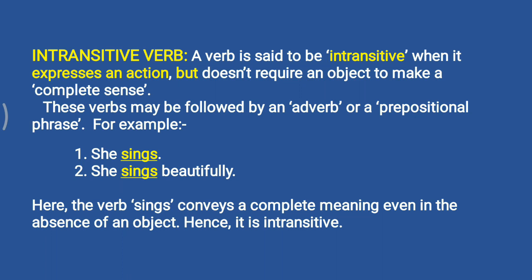In this sentence, sings conveys a complete meaning even in the absence of an object. So, it is intransitive. She sings beautifully. In this sentence, you can see that sings is followed by an adverb. Hence, it is intransitive.